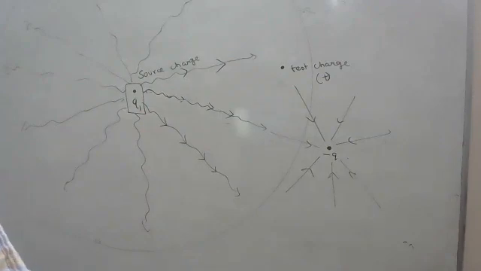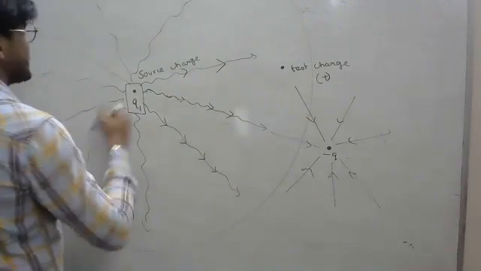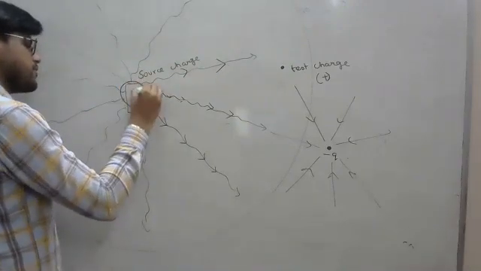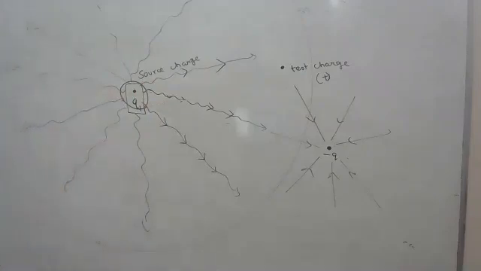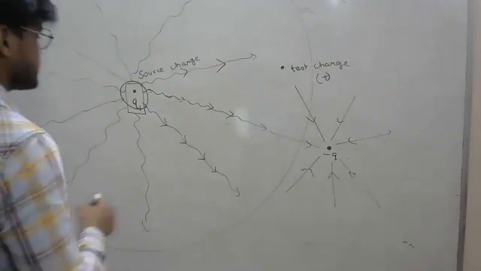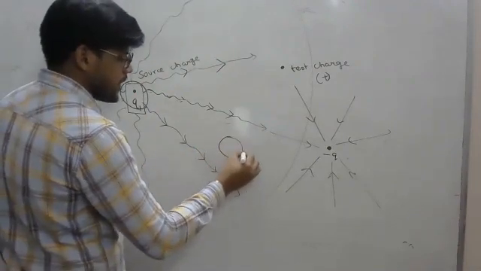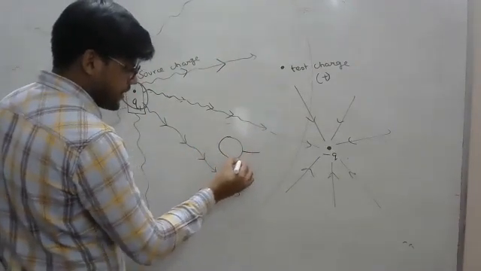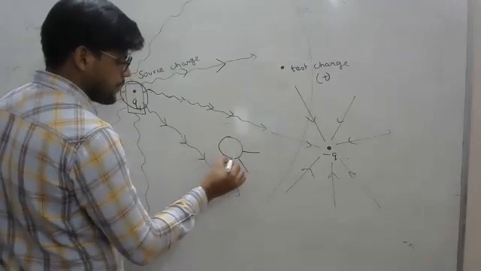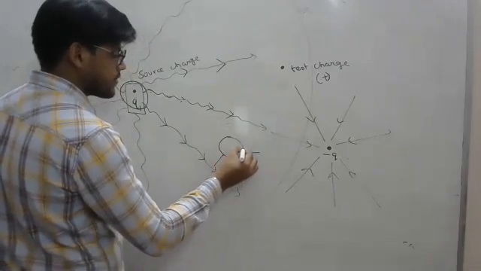Electric field lines will always be perpendicular to the surface of your charge. If this is your surface, it will always be coming out perpendicularly, making 90 degree at the surface.